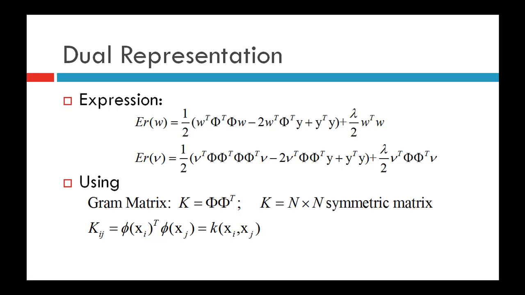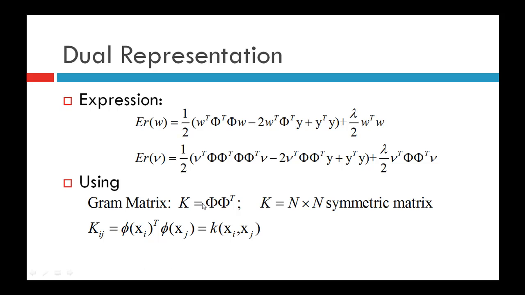So basically the Gram matrix K is the kernel matrix, and in the kernelized value function approximation algorithm we will see that this kernel matrix can be any matrix. It is not restricted to just phi times phi transpose. It can be a Gaussian kernel, a Laplacian kernel, any valid kernel.